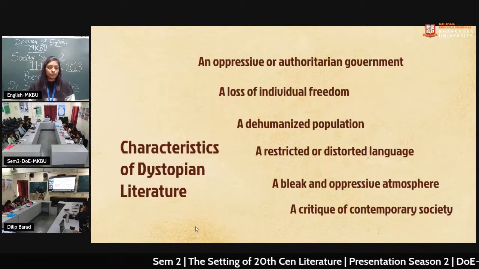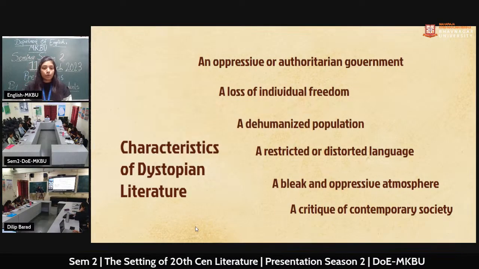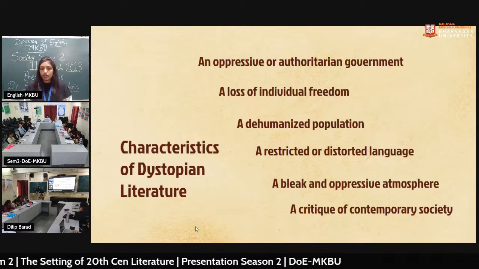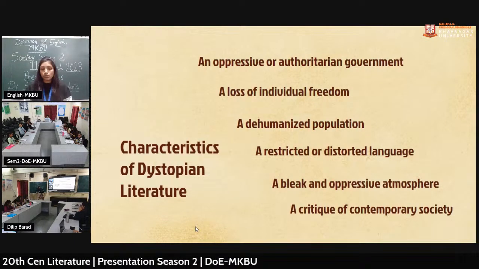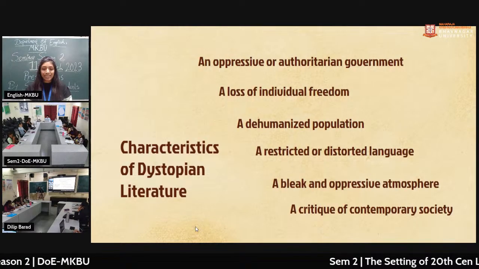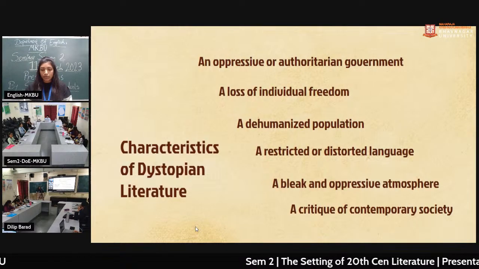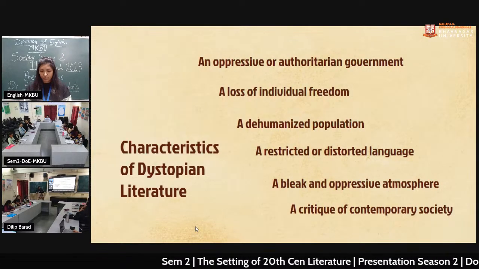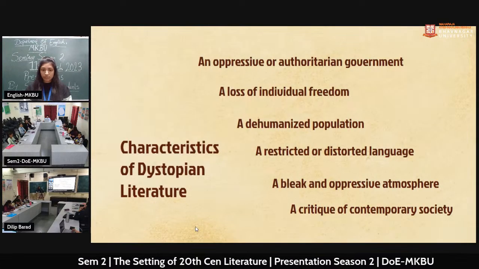Then the characteristics of dystopian literature are an oppressive or authoritarian government and loss of individual freedom, a dehumanized population, a restricted or distorted language, a bleak and oppressive atmosphere, and a critique of contemporary society.